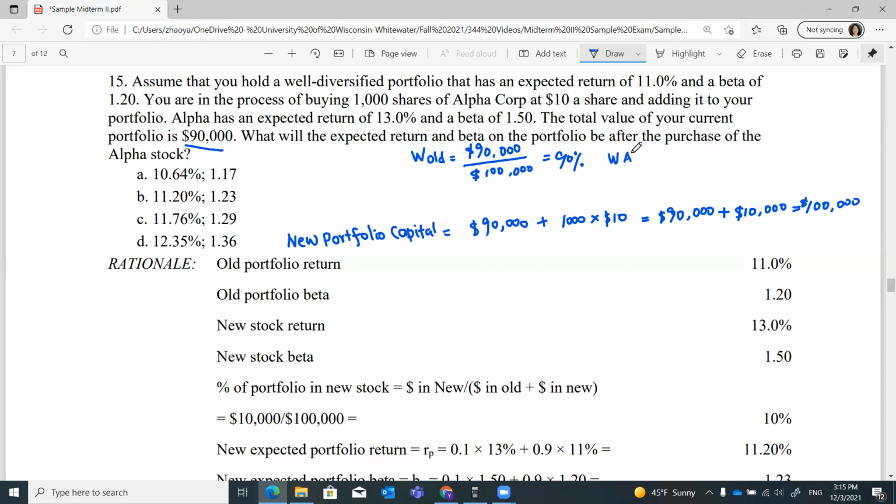The weight of Alpha equals 10,000, this is the total capital invested in Alpha, divided by the total capital in this new portfolio. It's 10%. So the expected return then equals the expected return of the old portfolio times the weight plus the expected return of Alpha Corp times the weight.